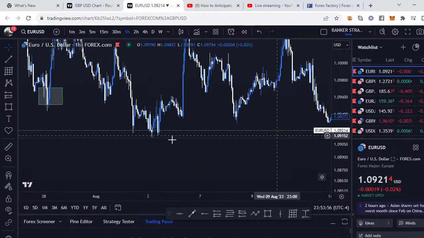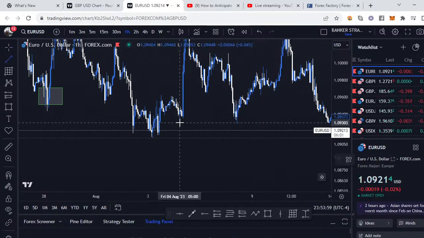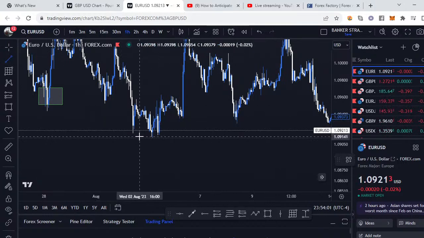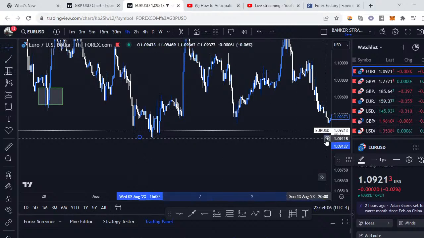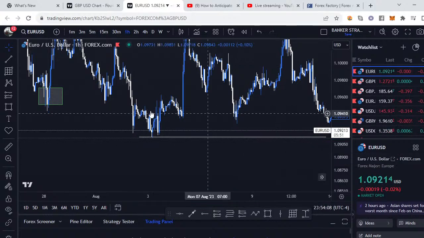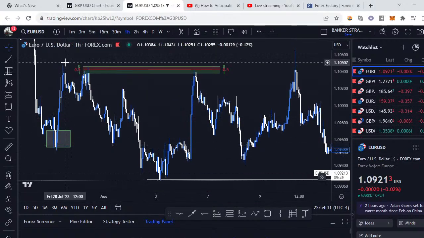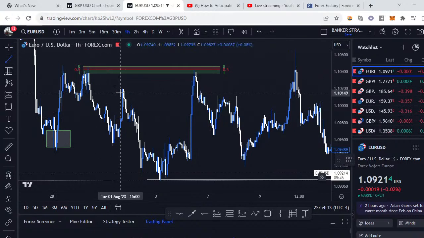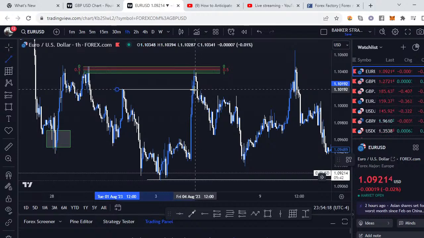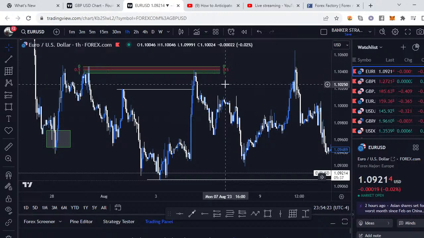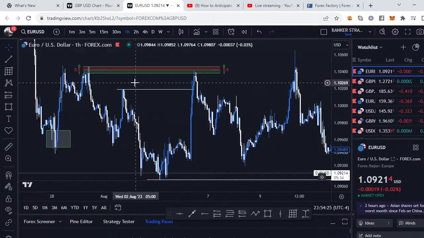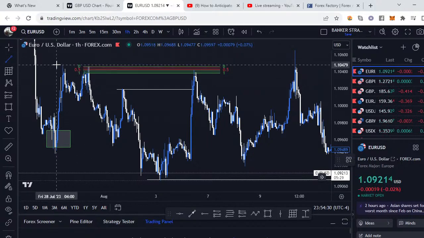There's even liquidity under. There's liquidity here. There's liquidity here. Liquidity is basically money. That's what liquidity is, money.